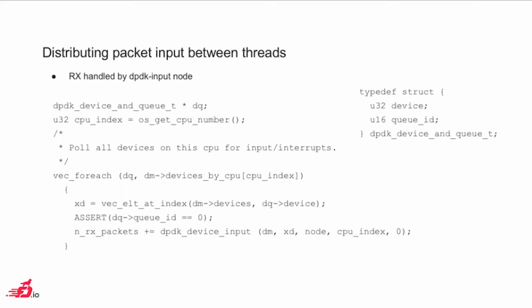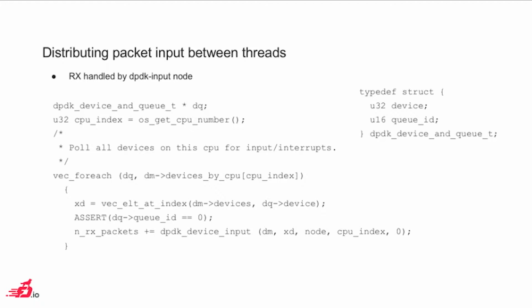Okay, so the next thing which is important is to understand how VPP is distributing packet load between the cores. And that is what we already discussed a bit before. Mainly we are using the RSS engine on the NIC. We are basically telling the RSS engine on the NIC that we want to use 2, 3, 4, 5, 6, whatever number of receive queues, and that we want to use the specific RSS mechanism which is available by the NIC.